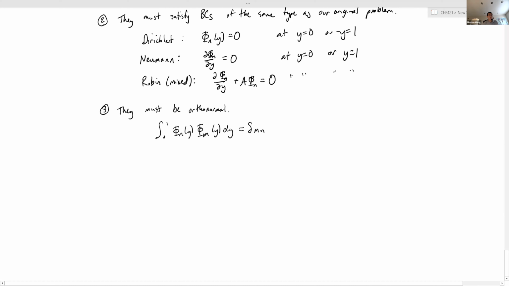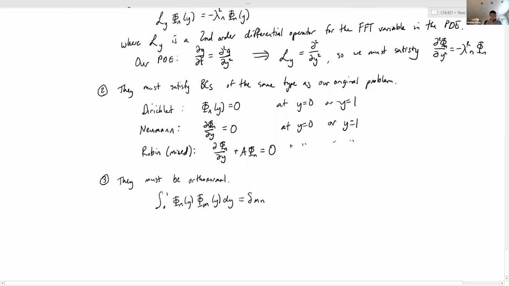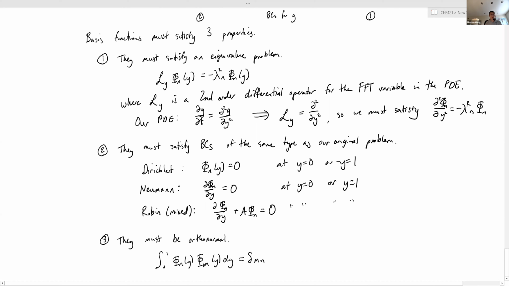Okay? And so that's how you find the basis functions. You basically apply these three properties, and these three properties actually specifically determine unique basis functions that would be useful for our problem, right?